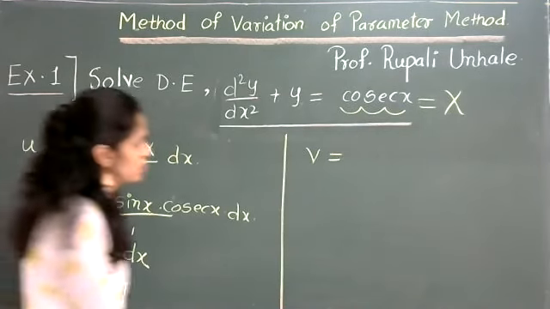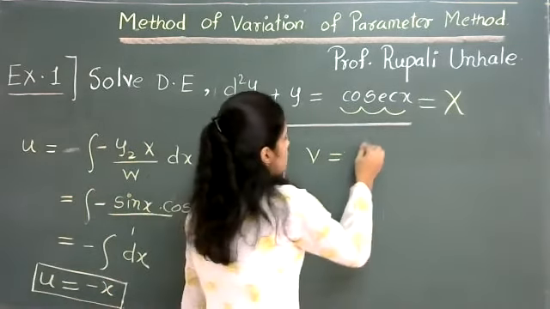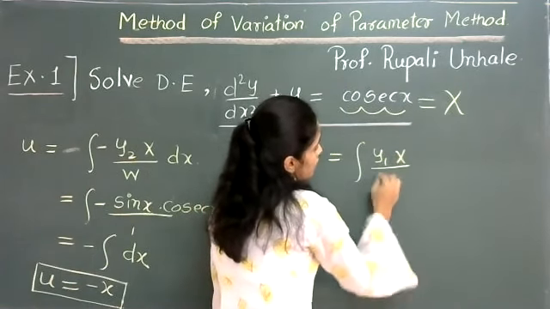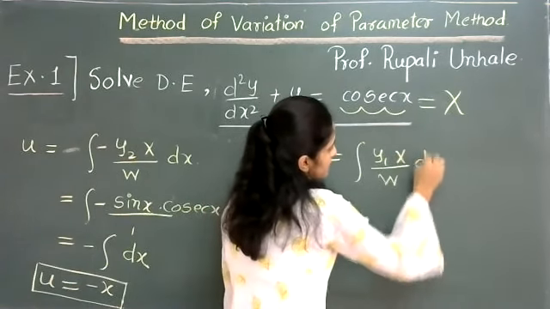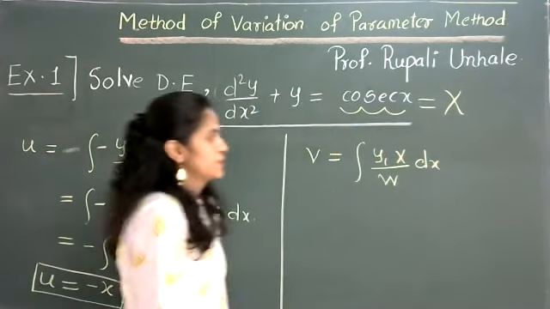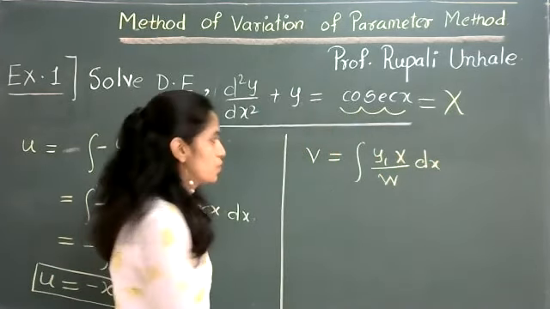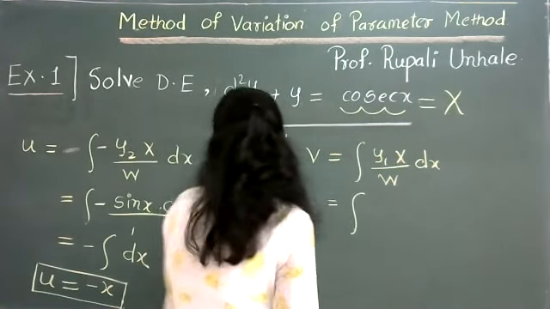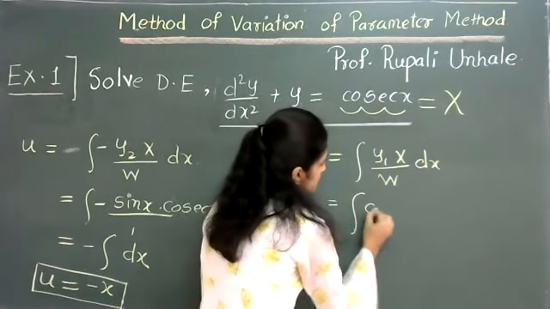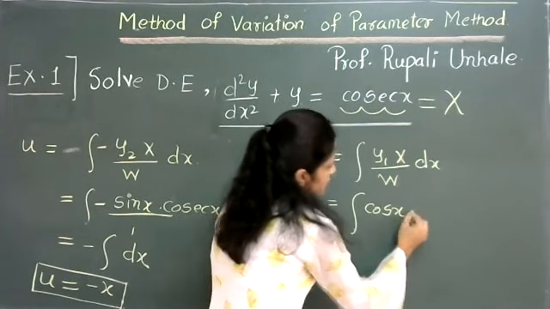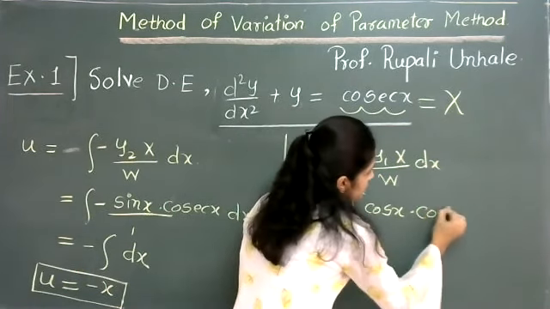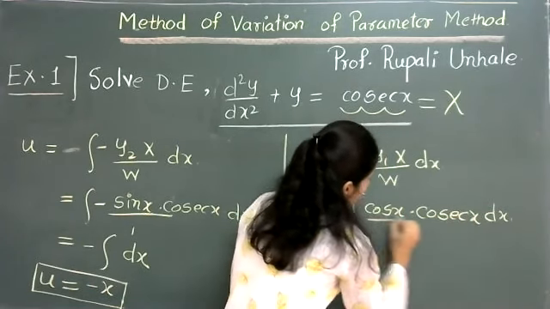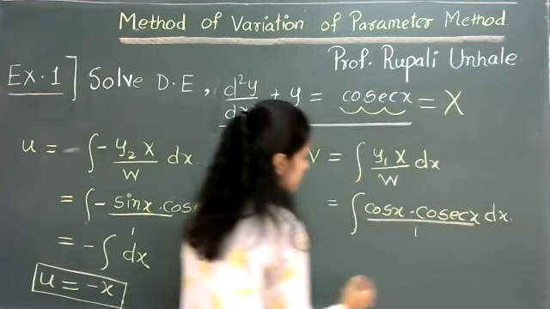So after finding u, next is v. So v is nothing but integration of y1 X upon W dx. So we can substitute again the values of y1, X and W. The value of y1 is cos x, the value of X is cosec x, and W is again 1.